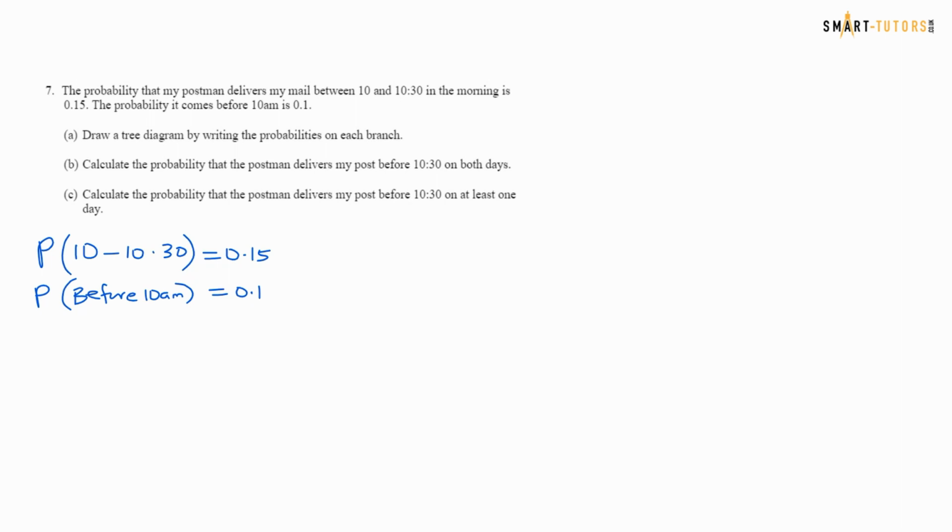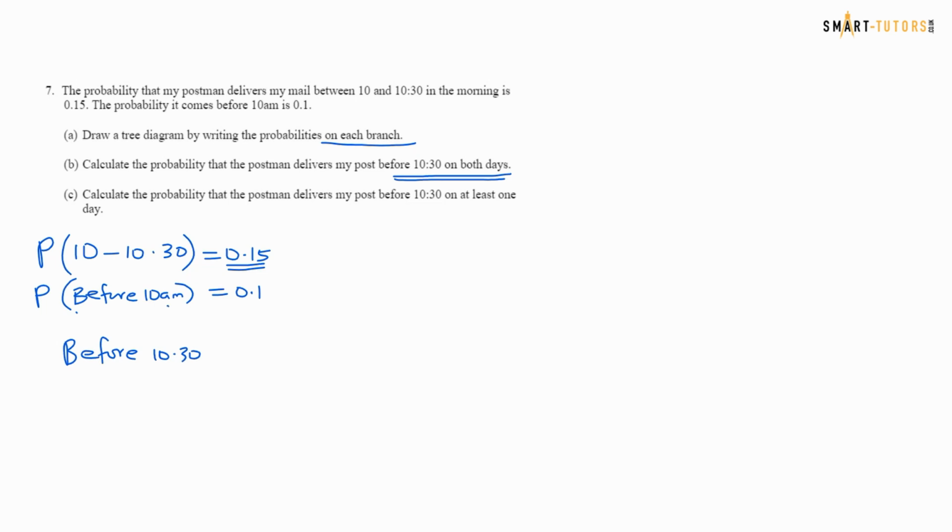Draw a tree diagram by writing the probabilities on each branch. Calculate the probability that the postman delivers my post before 10:30 on both days. So before 10:30, right? So here before 10:30 means, I'm going to check a little bit of analytic here. 10 to 10:30 is 0.15.